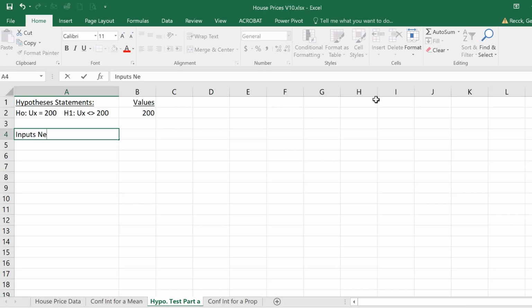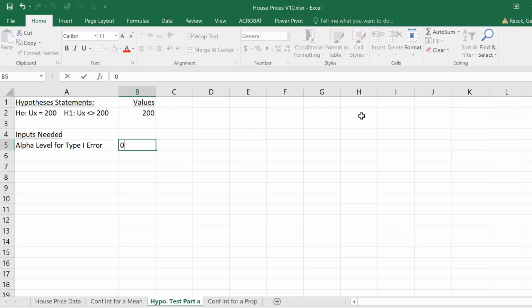And like in the confidence interval, we have some inputs that we need. The first is usually we start out with an alpha level. That is our tolerance for making a type 1 error. We call that alpha, recall from the videos.